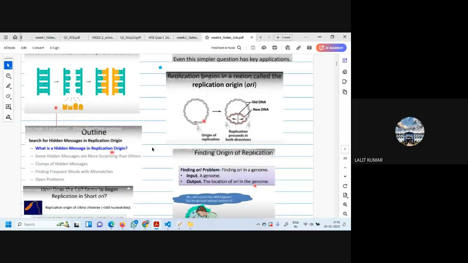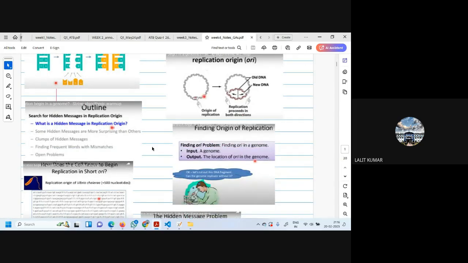So the idea behind that is that wherever this box is, there must be some messaging. Messaging means that if we can find a sequence of characters which occurs more often than usual, then we can say it is some kind of signal that the process will start here.